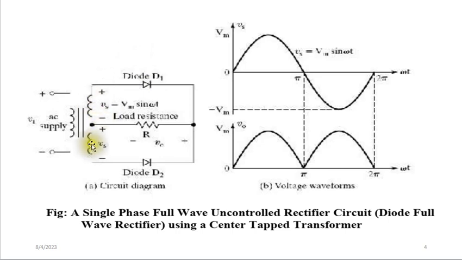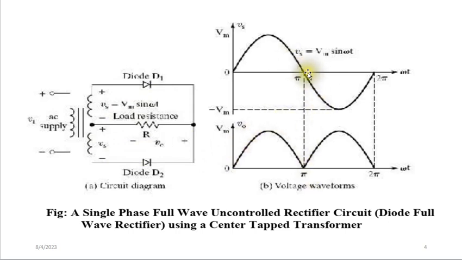And we are using a center tap transformer. As we all know, when the input is like this, you find that this diode D1 will be positive while this one will be negative, so that the D1 will be forward biased and this one will be reverse biased, so D1 will conduct this voltage.